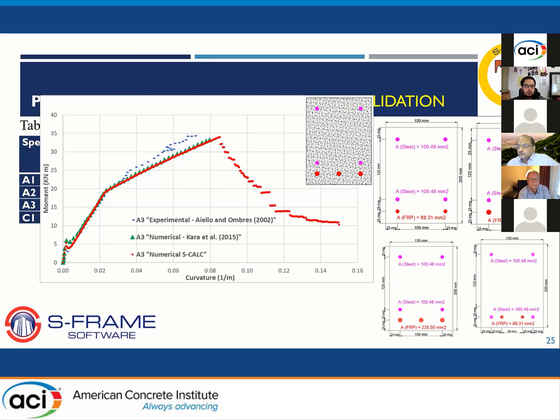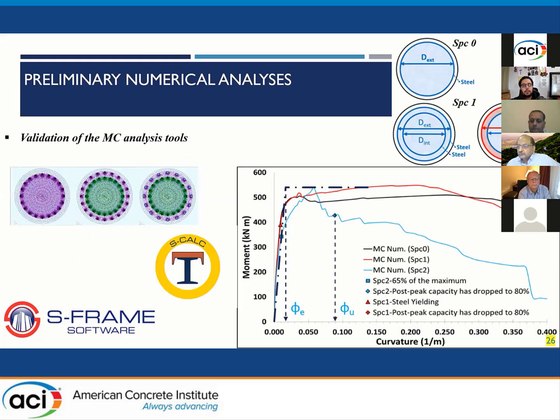We picked one of the sections for the sake of time, and you can see here a perfect match between the numerical validation and the experimental research. It matched perfectly until later stages of testing, which we could justify by different factors that happened during the test, but for the sake of time, we'll proceed to the next step.